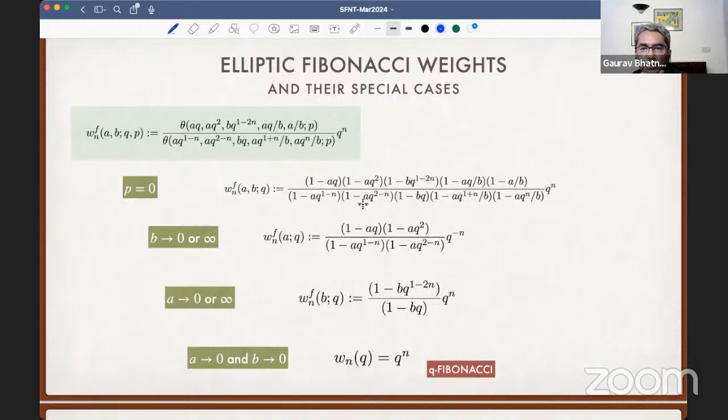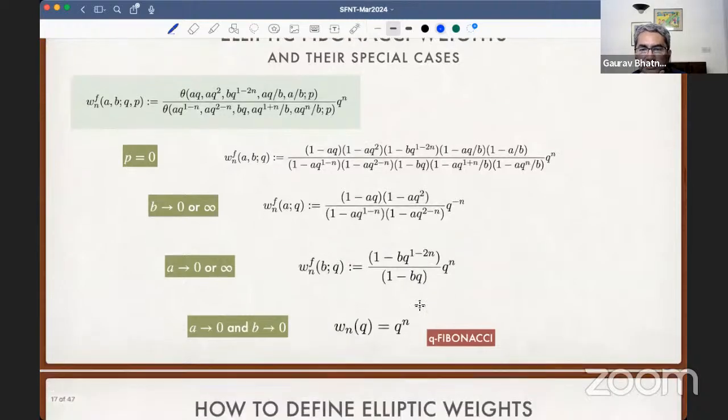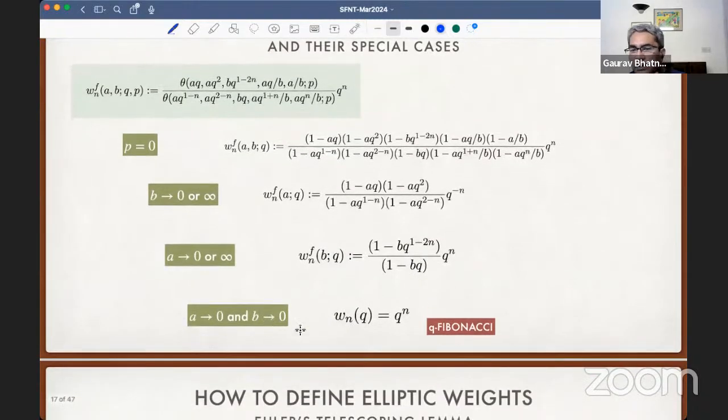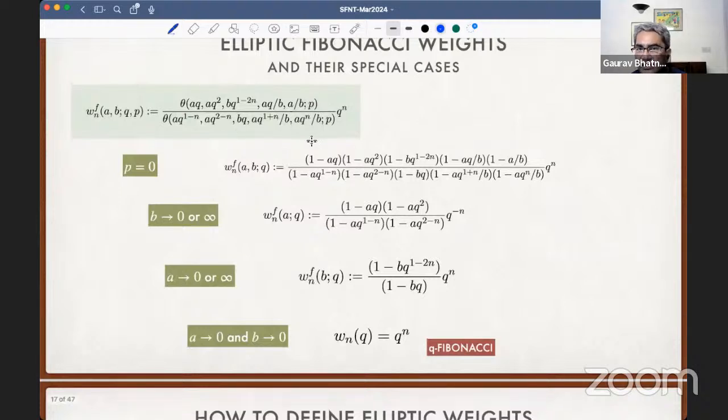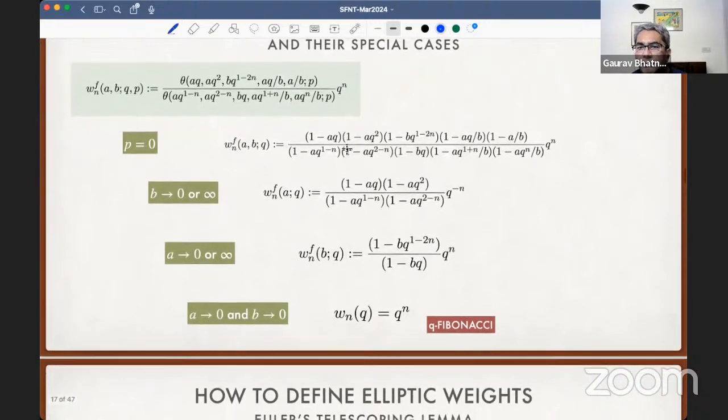And if you put a equal to 0 here, we get something like this, and if you put both a and b equal to 0, then we recover the q-Fibonacci. So the elliptic generalization has these weights which are ratios of products of theta functions, and they have two additional parameters a and b.